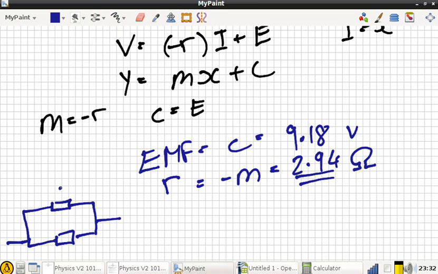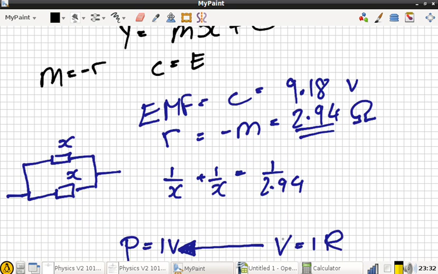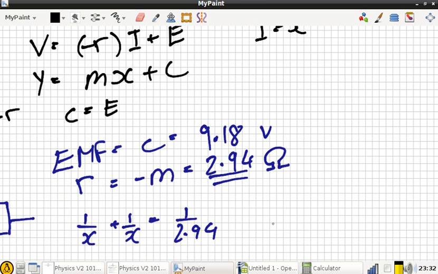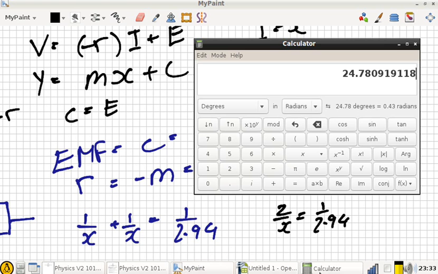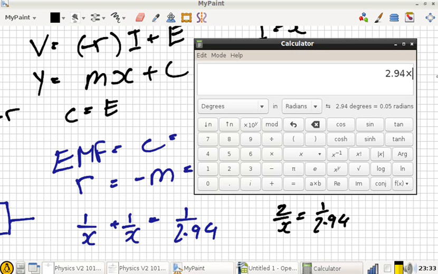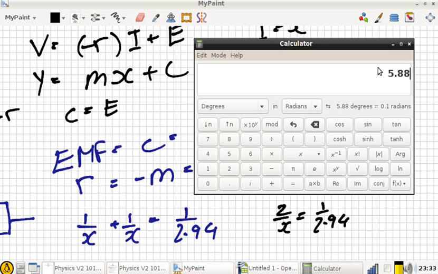If I call each of these X, I know that 1 over X plus 1 over X should equal 1 over 2.94. So I get 2 over X equals 1 over 2.94. So in other words, 2.94 times 2, so double 2.94, and we've got 5.88.